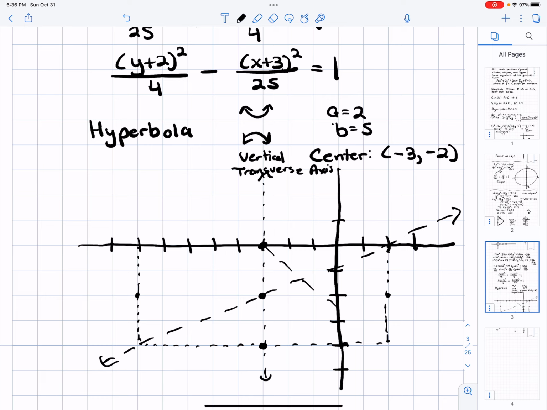Oh, sorry about that. From the center, I did not figure out what the y-intercepts were there, so I don't know how accurate that is. I'm just sketching my asymptotes.